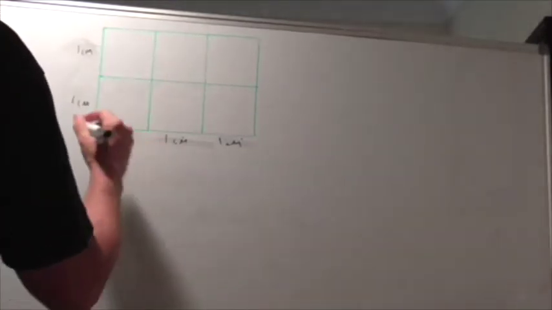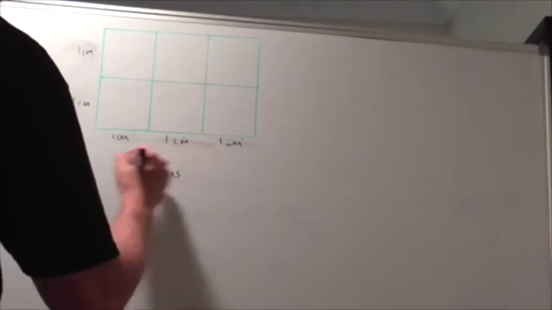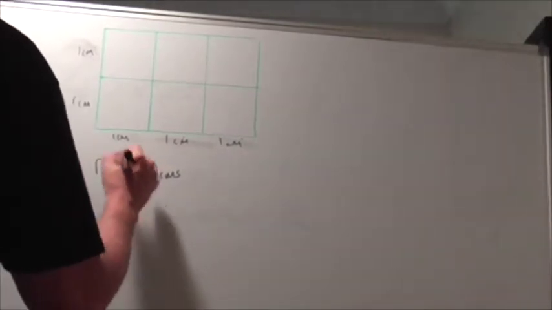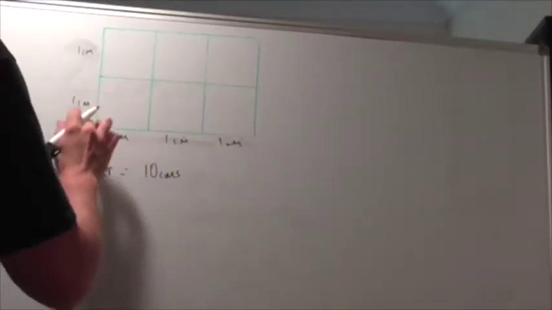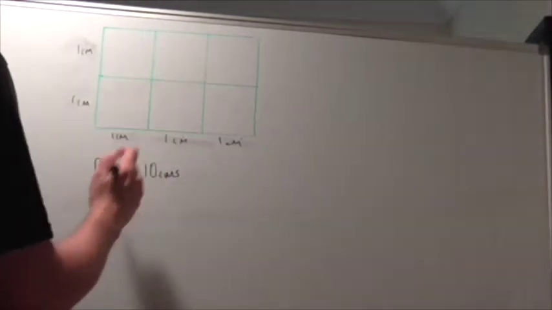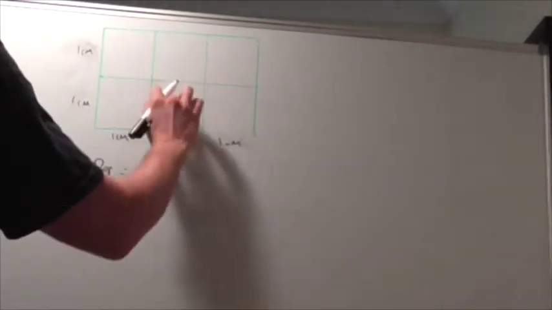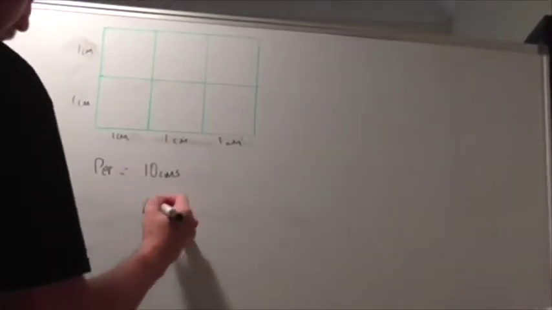And we've got a perimeter, which is not the same, it's 10 centimetres now. And the area, so this is 1 centimetre by 1 centimetre, or 1 square centimetre. So 1 square centimetre, 2 square centimetres, 3, 4, 5, 6 square centimetres.